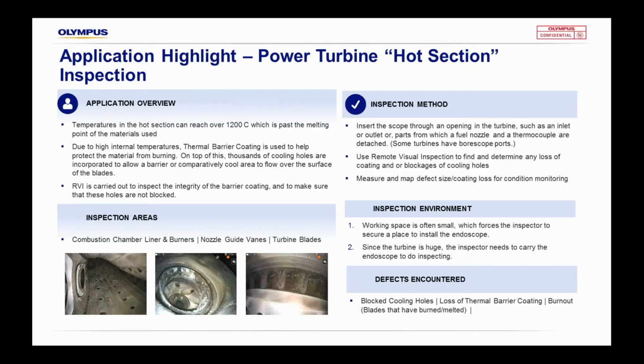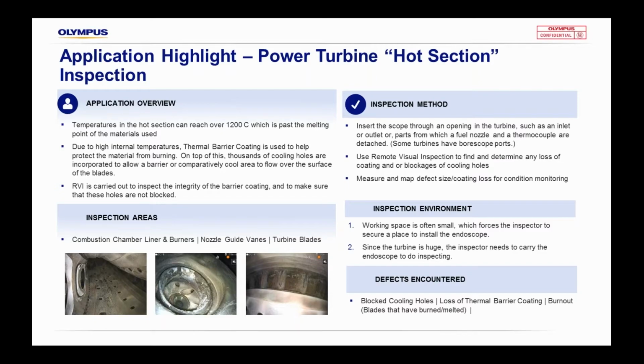As we are probably all aware, the temperatures within these can reach very, very high temperatures, well in excess of 1,000 degrees, and well in excess of the melting point of the materials that are used inside these types of environments. To try and combat this, there is a combination of different cooling holes, which are introduced to allow a comparatively cooler buffer from a bypass to maintain some sort of cooler air pocket across the front of these blades.